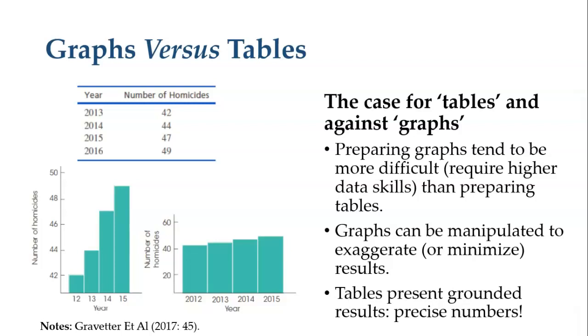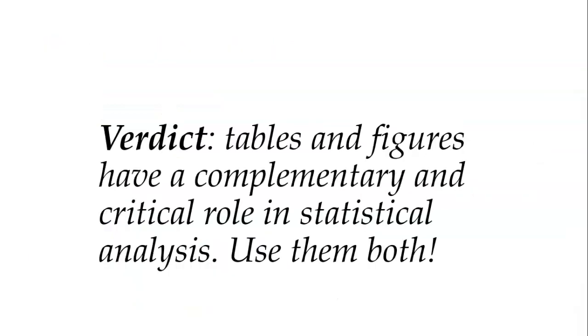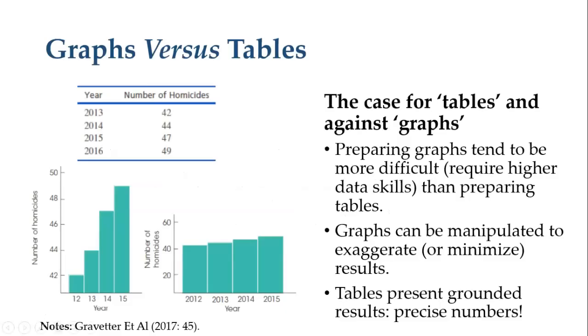This is from Gravater et al. Basically, you can see the number of homicides from 2013 to 2016, and because part of the values on the y-axis were omitted, you can think that the change from 2013 to 2015 was higher than it actually was.